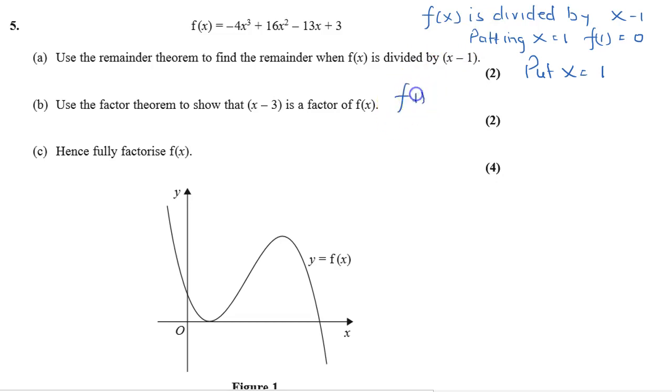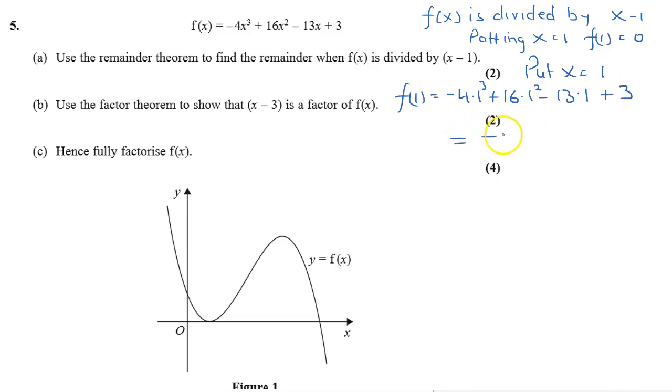So f(1) will be minus 4 multiplied by 1 cube plus 16 multiplied by 1 square minus 13 multiplied by 1 plus 3.